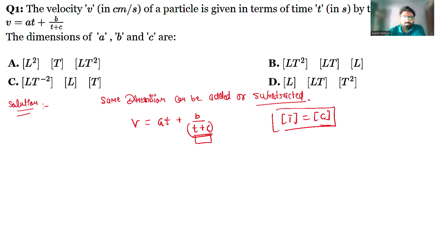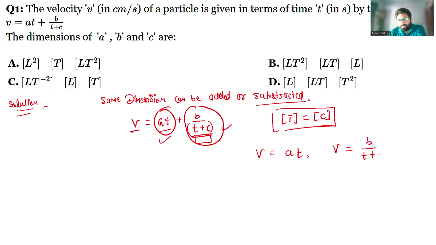Now the term AT plus B upon T plus C. These two quantities are also added up, and this is equal to velocity, which means these two quantities combinedly represent a velocity. So we can say that v is nothing but A into T, and v is also equal to B upon T plus C. Now, if you compare the dimension formula, what is the dimension of velocity?